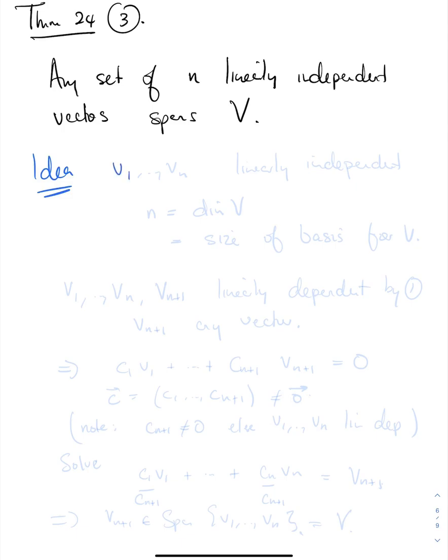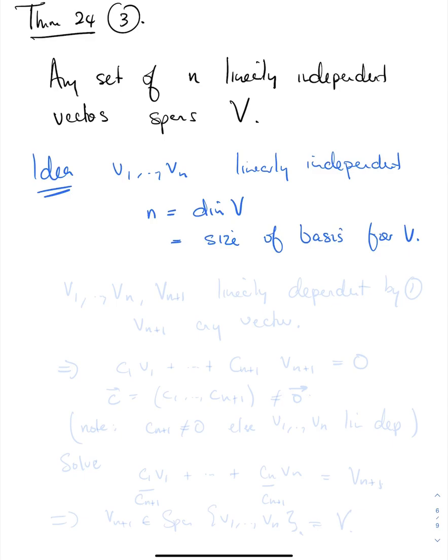Say V1 through Vn is the linearly independent set that we're talking about. And just to remind you, n is going to be the dimension of V, our vector space, which means that there is a basis of that size.